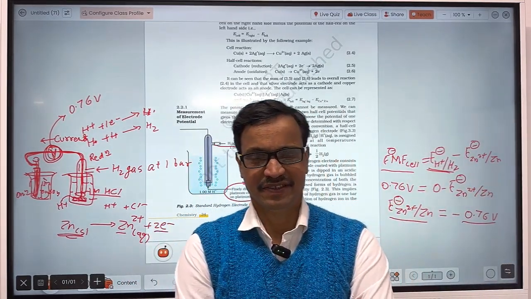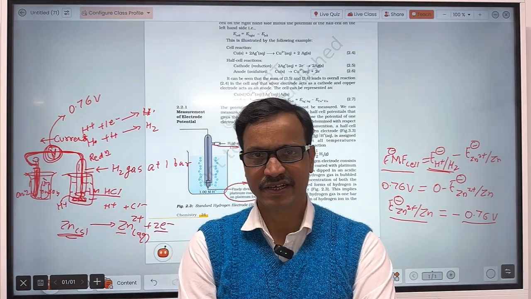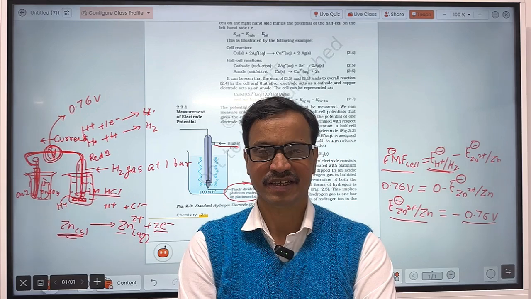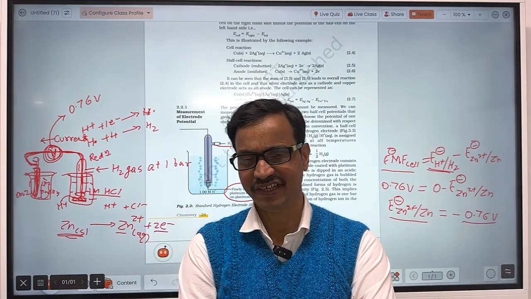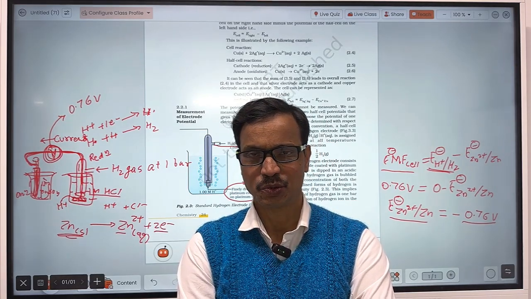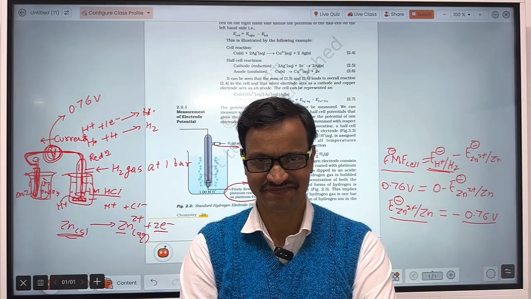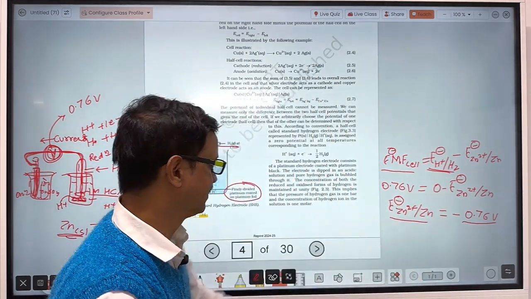If any element has a negative standard electrode potential, that means that element has a greater tendency to get oxidized compared to hydrogen.